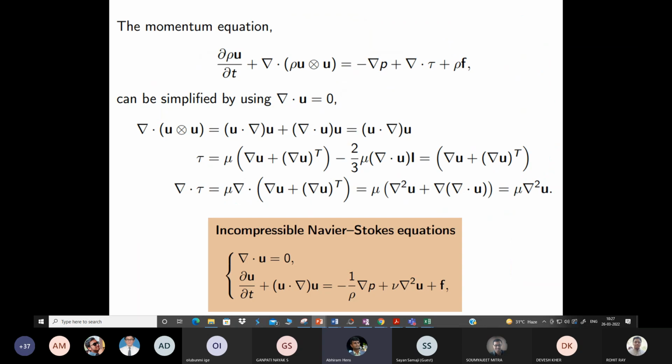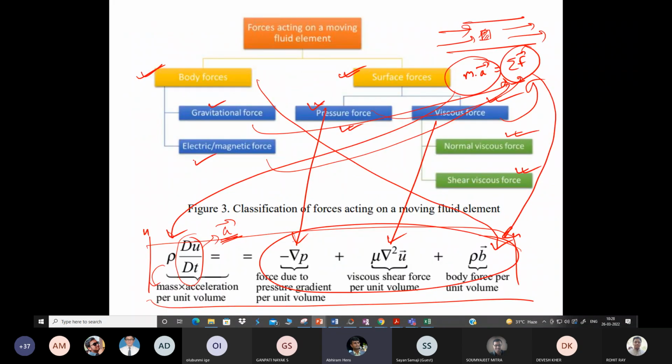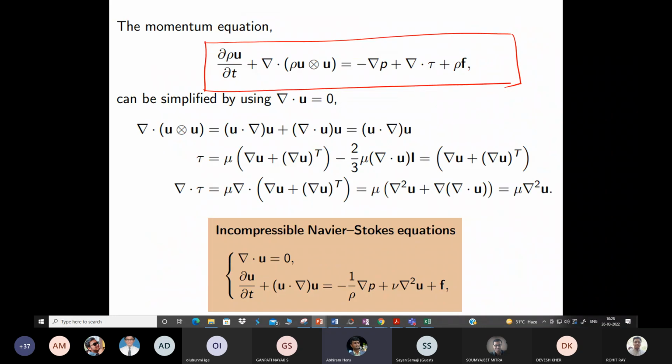Here, once more, the representation is shown in a slightly more elaborate manner. This is the general representation. You see this total derivative that we have seen in the last slide. This total derivative has two components: one is the temporal derivative, and the other is the convective component. That is represented here: del rho u by del t.